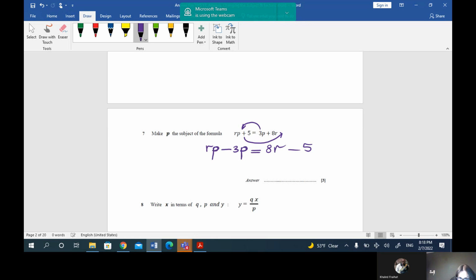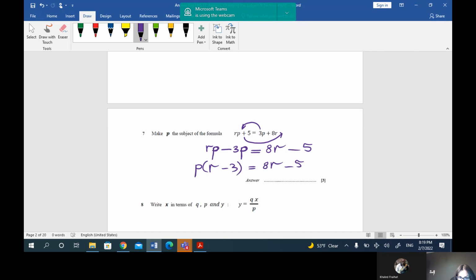Okay, so P is our subject. In order to make it the subject, we need to factorize. So we will bring the P out, open a bracket, r is left here, minus 3, equals. How do we check on the factorizing? P times r is rP or Pr. P times 3 is negative 3P. And this side will remain exactly the same.